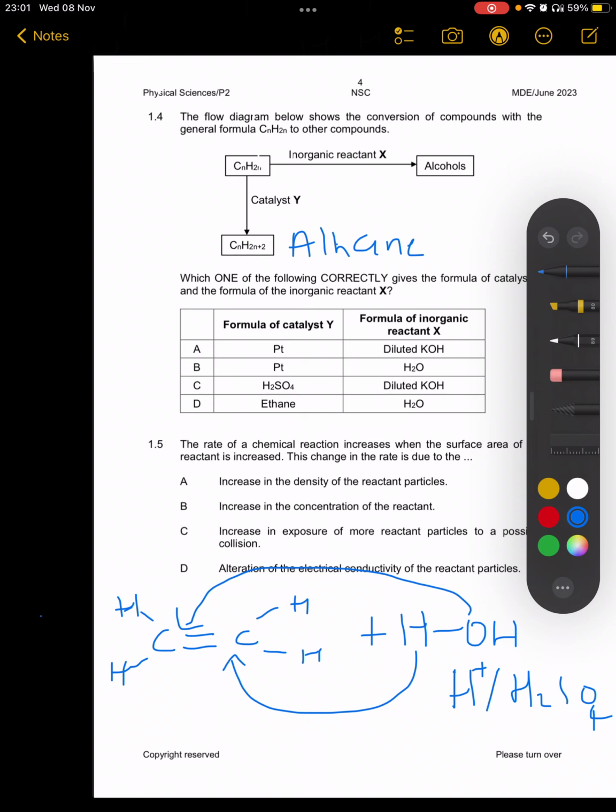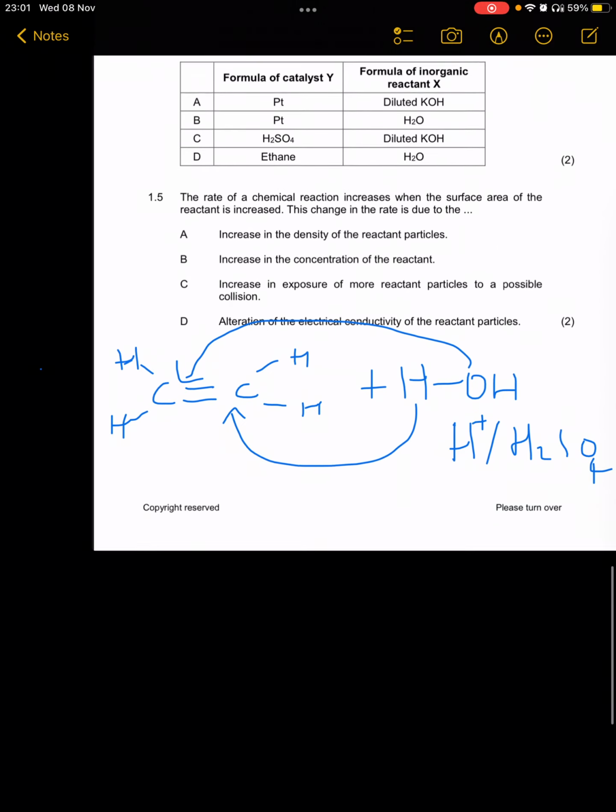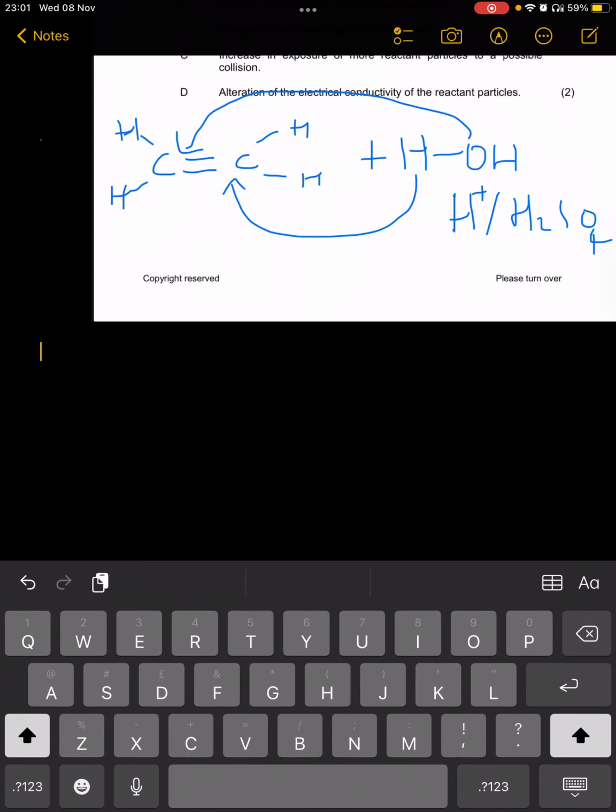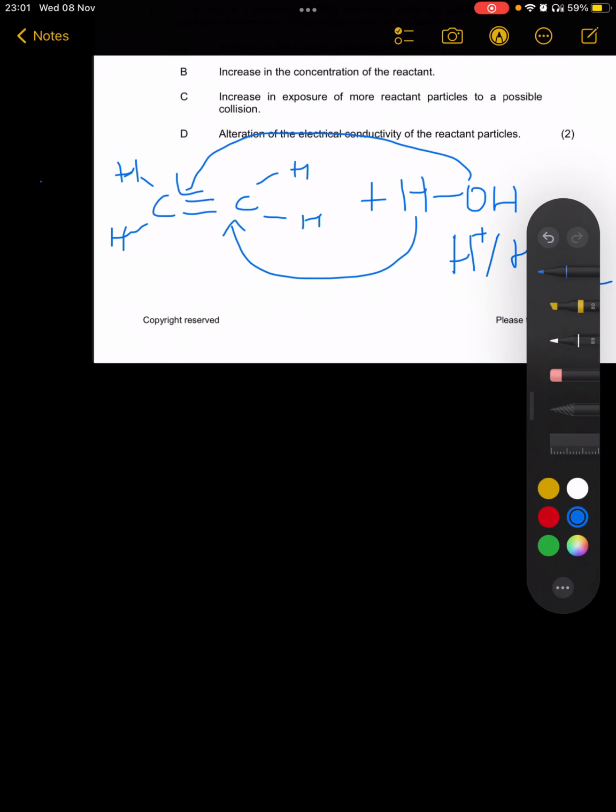Now, to make an alkene become an alkane, it's an addition reaction. Now I need to draw this one outside of this. If you want to make an alkane, you must add what?